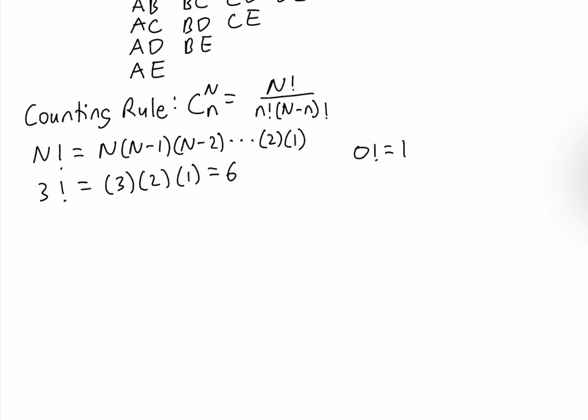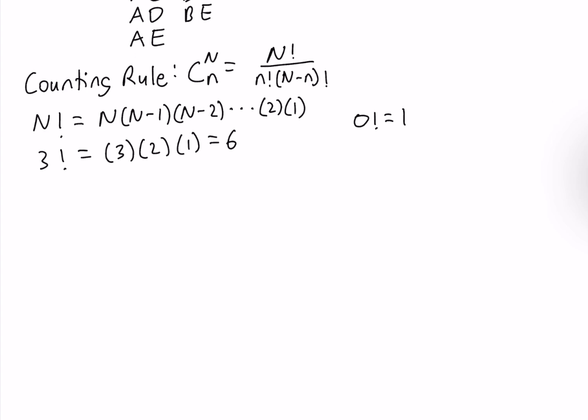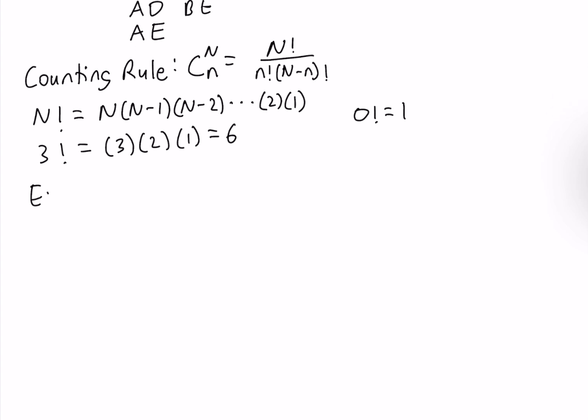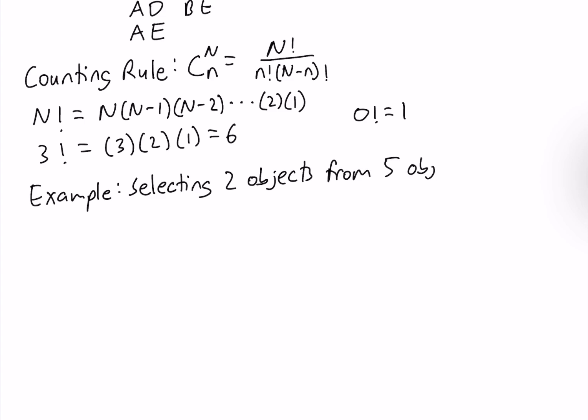So now let's return back to our example. We're selecting two objects from a set of 5 objects. And we want to see how many outcomes are possible.